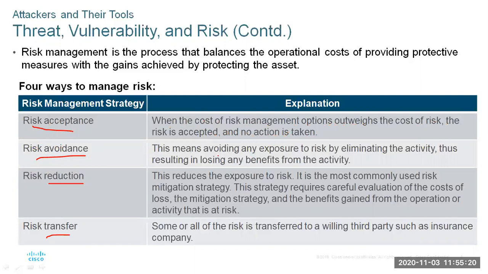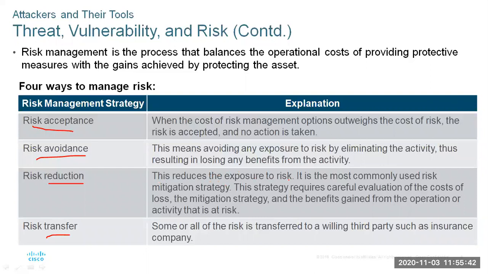Risk avoidance means you are avoiding any exposure to risk by not implementing the activity, thus resulting in losing any benefits from the activity. Risk reduction reduces the exposure to risk.